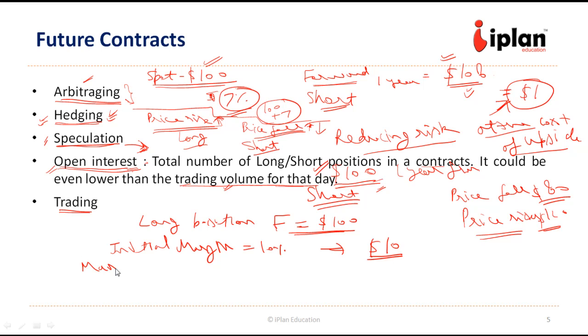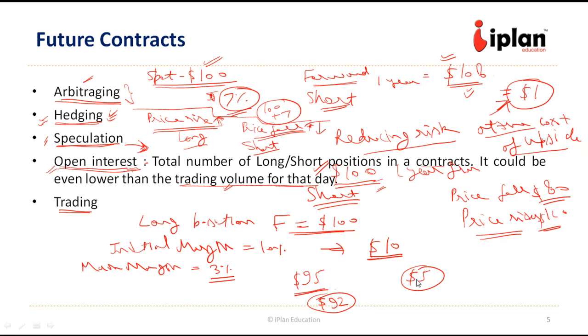There will be a certain maintenance margin which he has to maintain. Suppose it is 3%. So in case the price falls to $95, he will lose $5, which will be adjusted against the margin. So his position will be $5. Then if it falls further, say it comes to $92, then he will get a margin call.